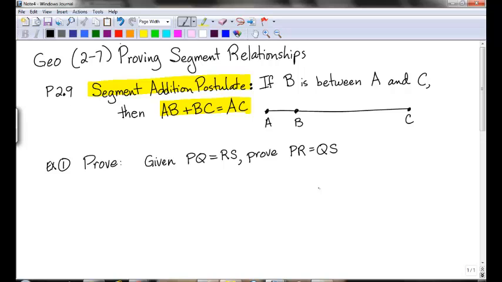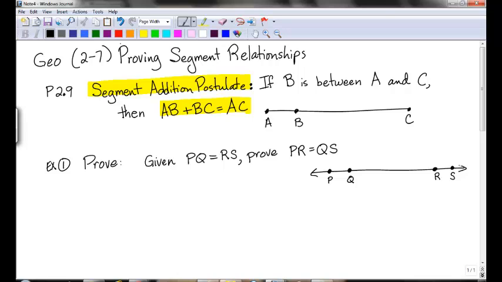Okay, and usually when you're doing these in the book, the author gives you a picture. So you got to look at the picture that they're giving you. And on this one, label this as point P. Label this as point Q. Over here we have R, and we have S.